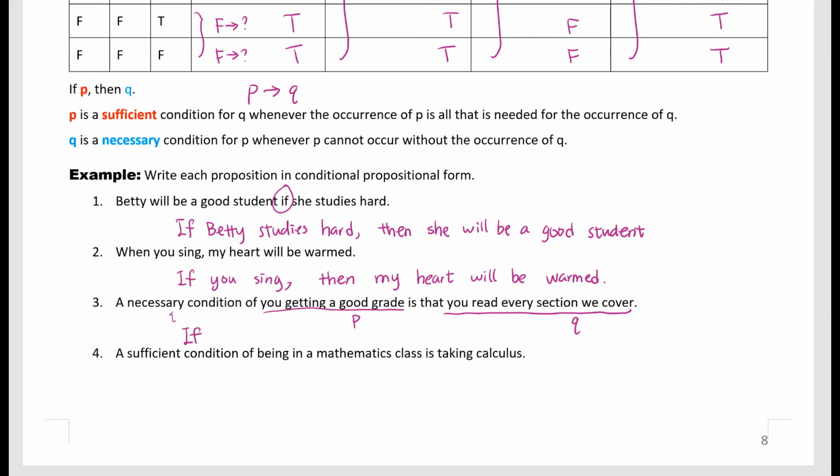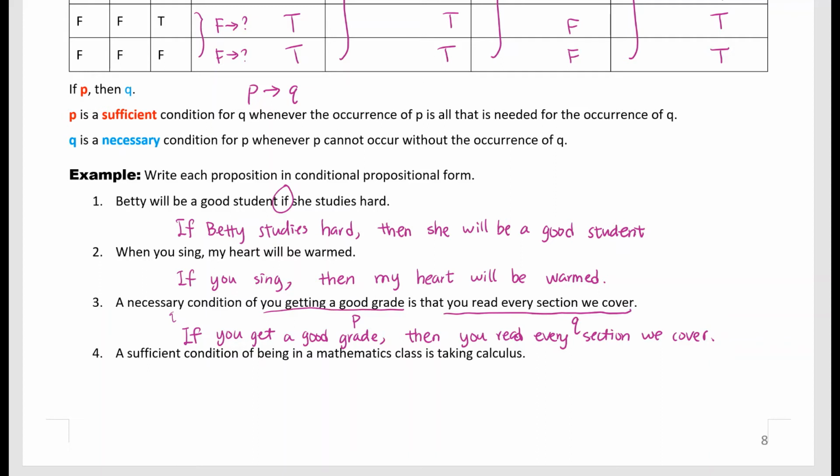If you get a good grade, then you read every session we cover. Okay, so this is number 3.